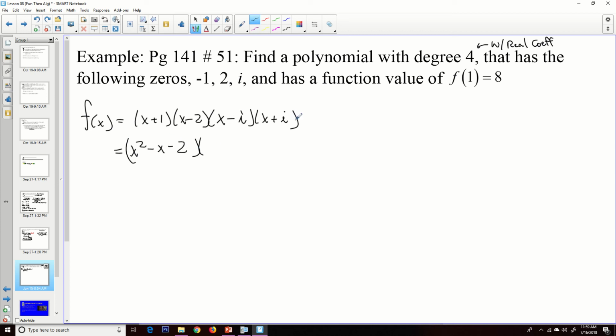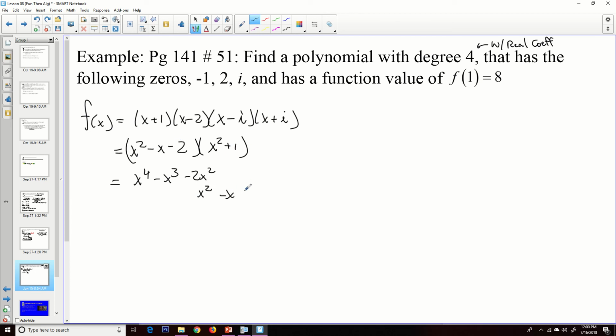And then when we multiply this one out, again, we've done it a couple times already today, this becomes x squared plus 1. And so when I multiply this all out, x squared times x squared is x to the 4th. Negative x times x squared is negative x to the 3rd. Negative 2 times x squared is negative 2x squared. X squared times 1 is x squared. Negative x times 1 is negative x.